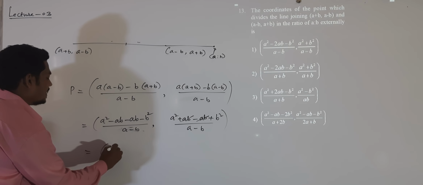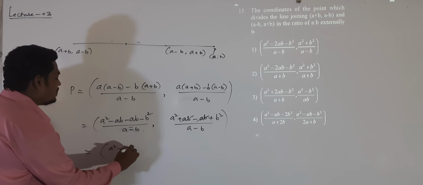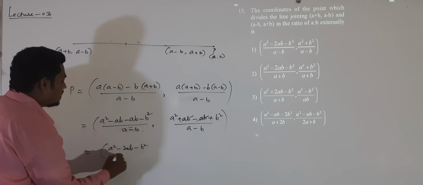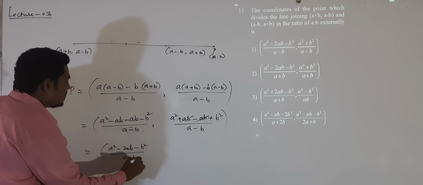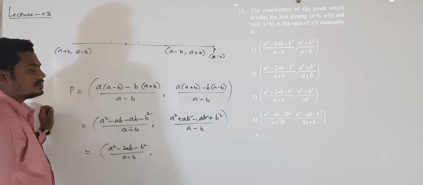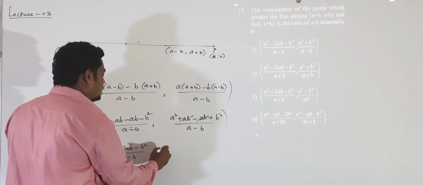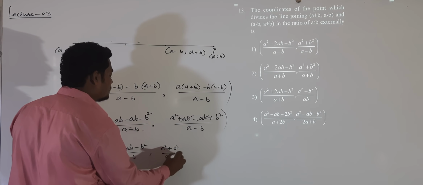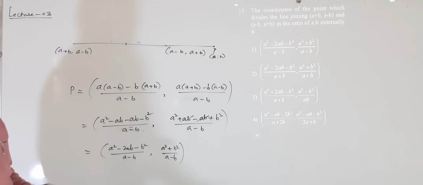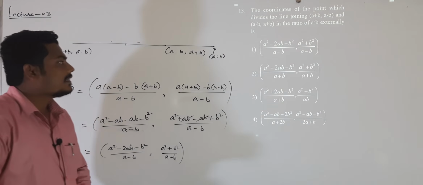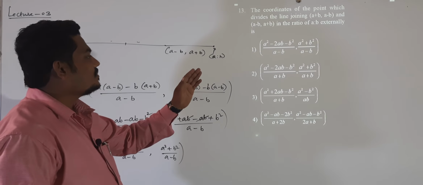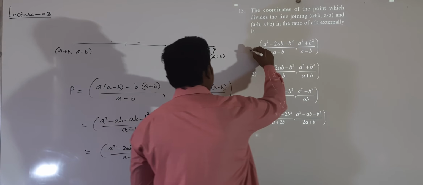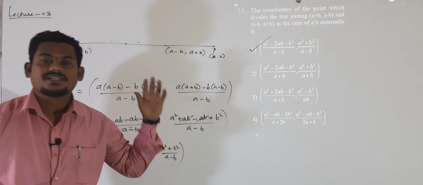Lastly, a square minus 2ab minus b square, whole thing divided by a minus b, comma a square plus b square divided by a minus b. This is our required answer, right? Such option is a square minus 2ab minus b square. Clearly first option. First option is the correct answer.